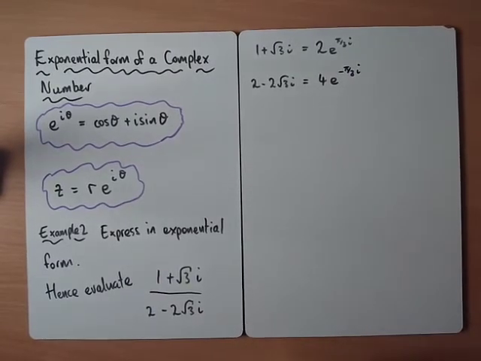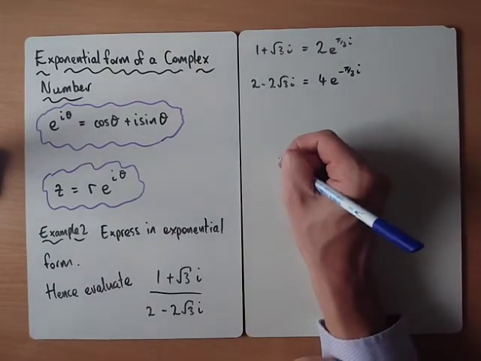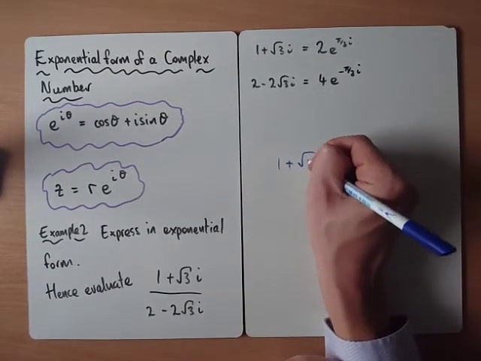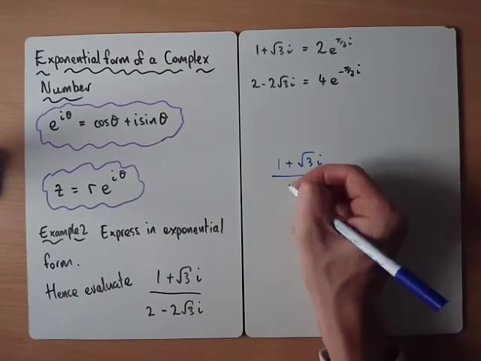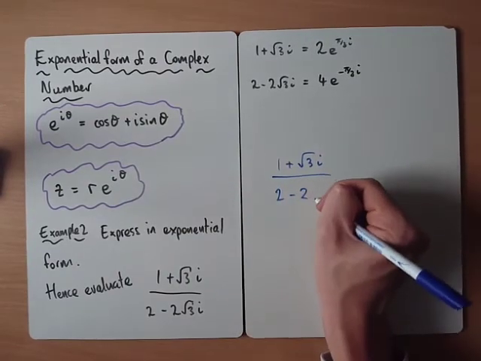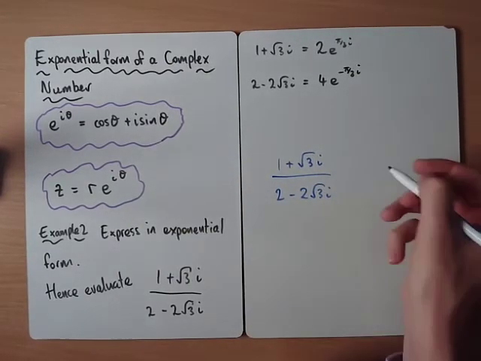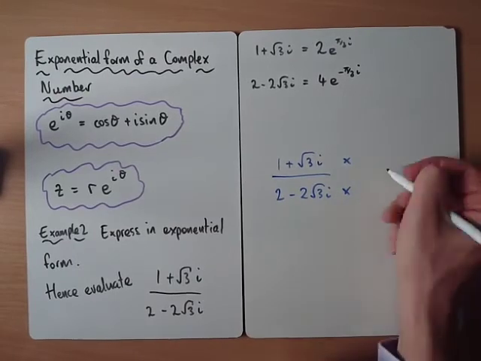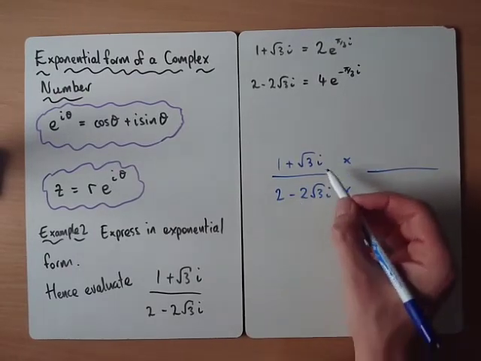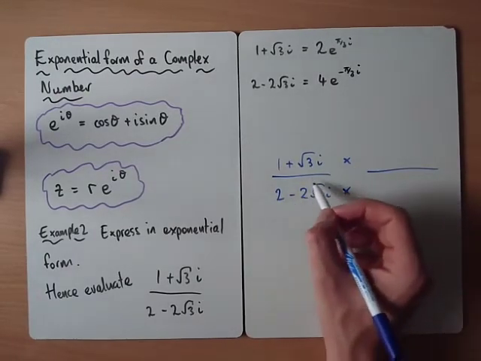So the last part says, hence, evaluate 1 plus root 3i divided by 2 minus 2 root 3i. Now you did this last year. We have looked at how to divide complex numbers and multiply complex numbers. If we were doing this last year, what we could do, it's a nice recap, is multiply the top and the bottom by the conjugate of this.